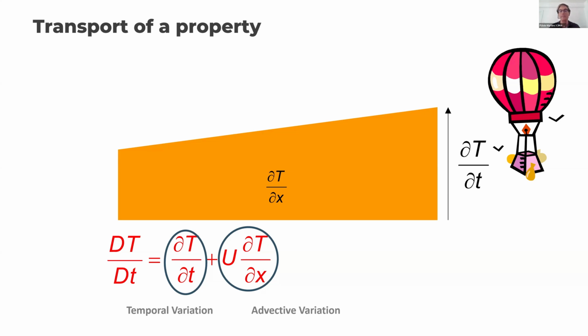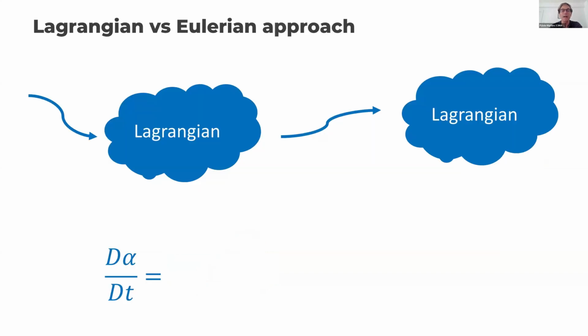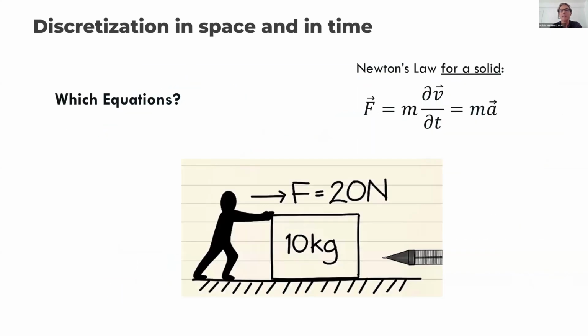This is quite different from, for example, if the property is not temperature, but momentum, okay? So if you remember, I will now move a bit. If you remember, Newton's law is force equals mass times the derivative of velocity.